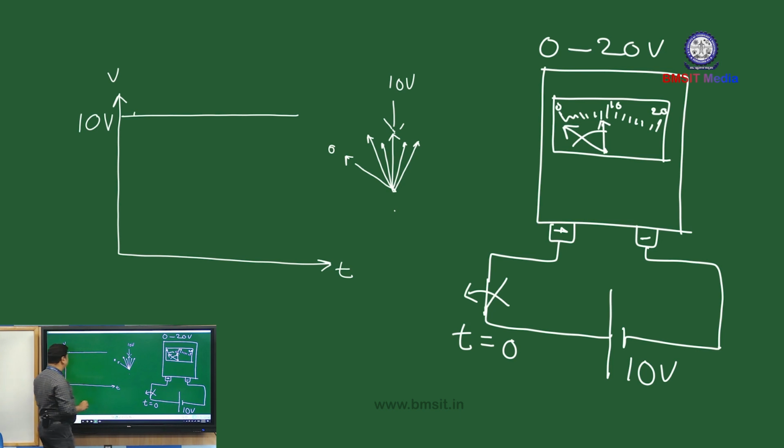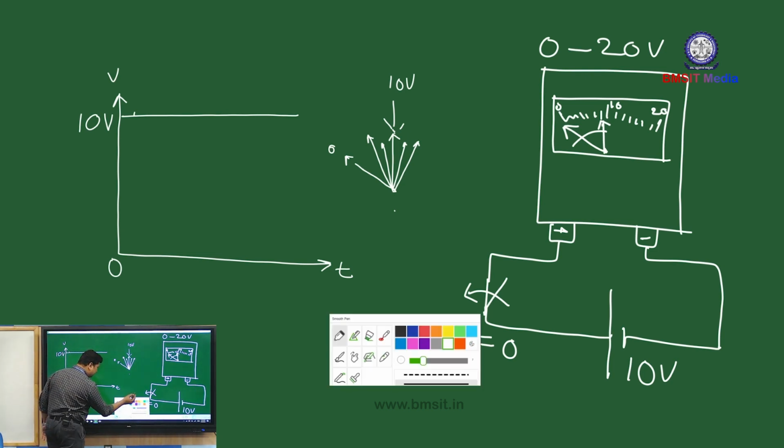This is my 10 volt marking. Now this 10 volt marking I expect. Instantaneously, what I do at t equals 0 is the instant when I close the switch. I will show it by some other color.